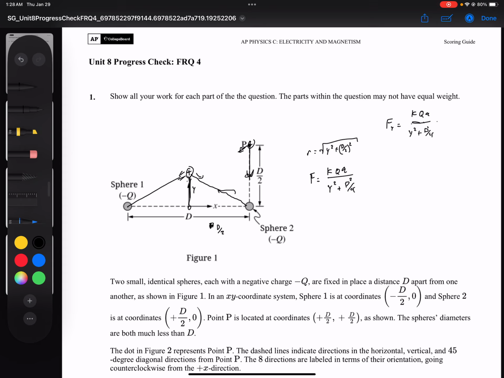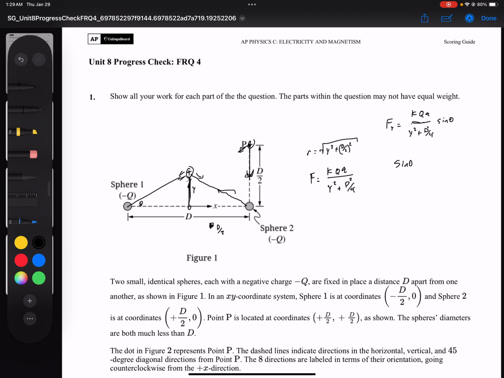So y squared plus d squared over 4 times the sine of theta. And that's just the contribution of one of the charges. Then I have to write theta. So sine of theta, again, in terms of the ratios. All right, so let's say that this is theta over here. Well, the ratio for sine theta is opposite over hypotenuse.